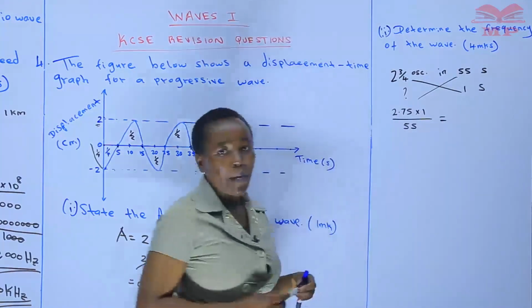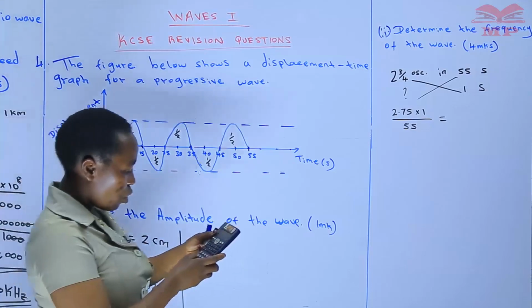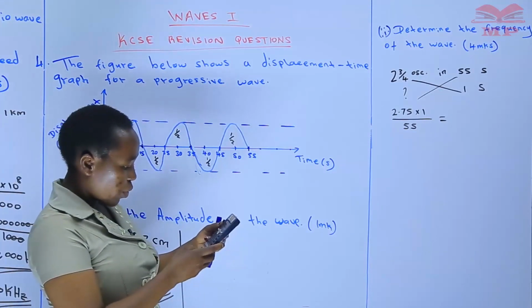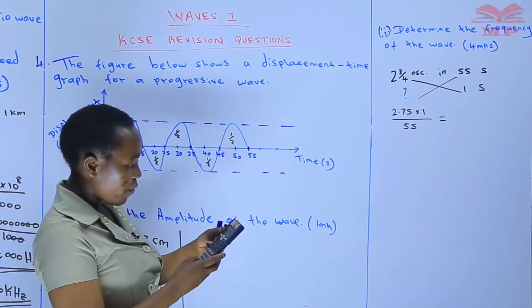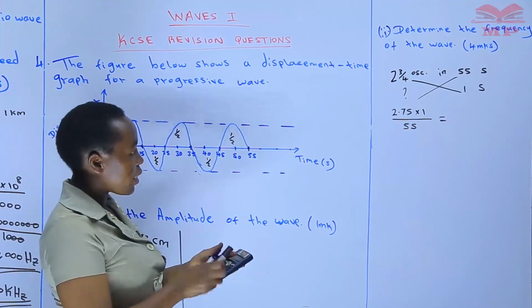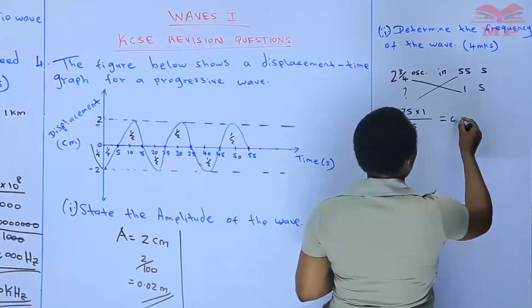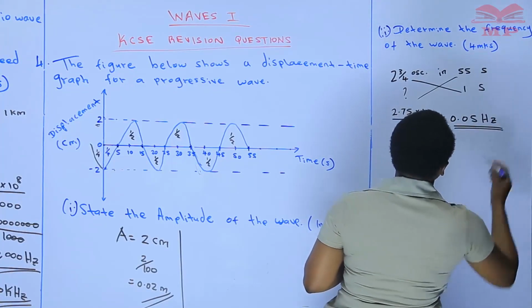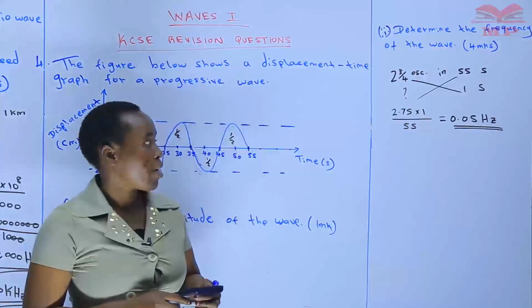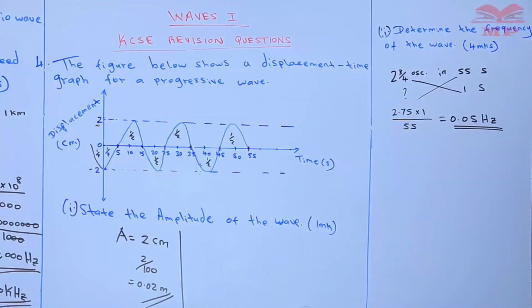You can use your calculator: 2.75 divided by 55. So we end up getting our frequency as 0.05 hertz. So that is the frequency of the wave, the number of oscillations in 1 second.